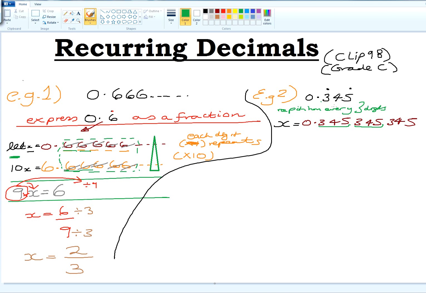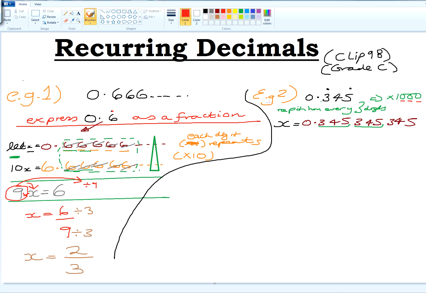So if it repeats after every 3 digits, what does that indicate? That we're going to multiply the number by what? 1000. Why do we multiply by 1000? Because 1000 has how many zeros? 3 zeros. Now we'll get the whole number to move by place value to the left by 3 places.